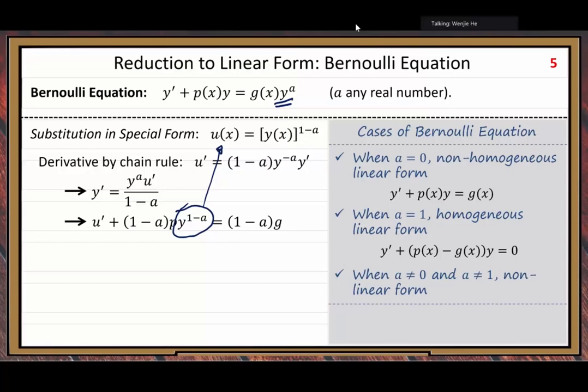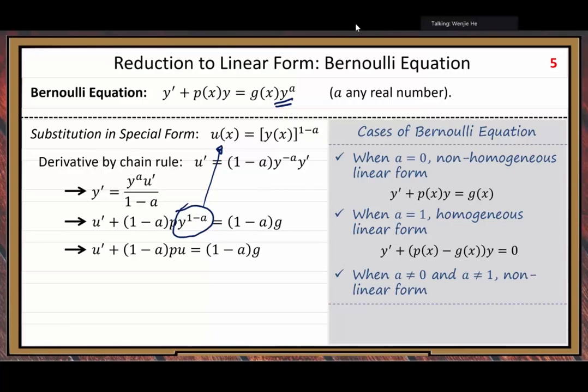So then we get an ODE about u function, and this is a first order linear ODE, right? With special P function and R function. And we know how to solve it. After we solve it, then we go back, we can find the y function.